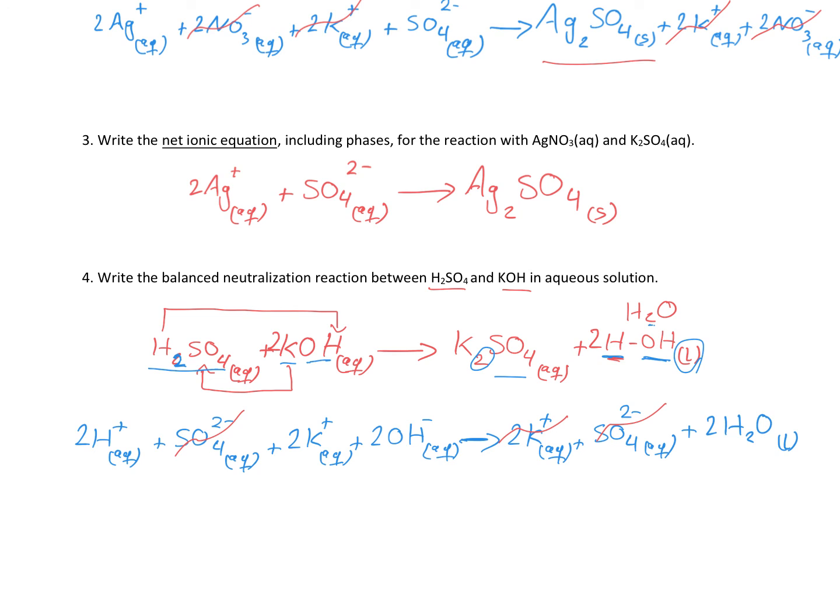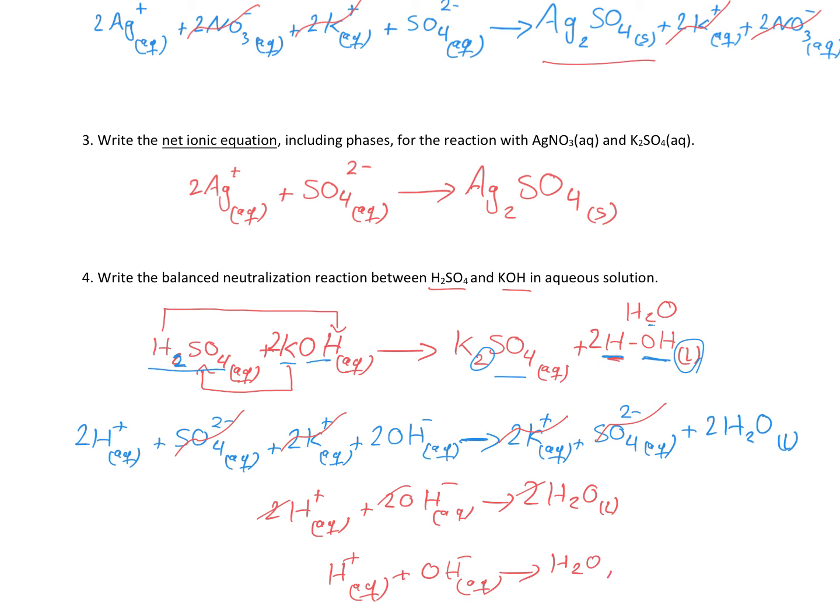Okay, and to write the net ionic equation, we cancel out the spectator ions. We have sulfate, we have two potassium, and the net ionic equation is 2 H plus aqueous plus 2 OH minus aqueous gives off 2 H2O liquid, and since all of them are 2, you can divide the whole reaction by 2, and it will be H plus plus OH minus gives off 1 H2O liquid.